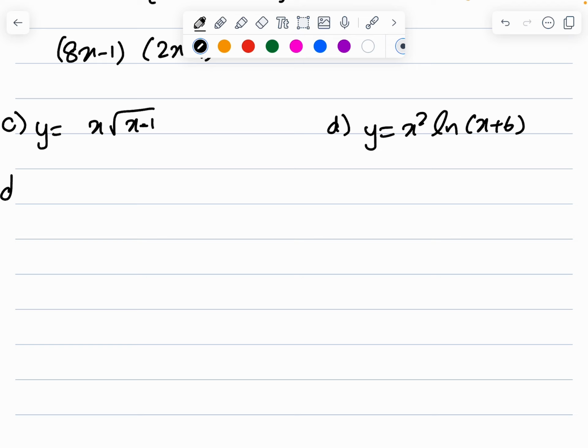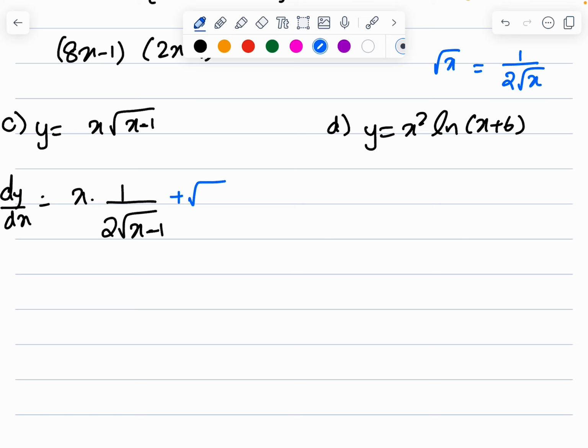So what will happen now? dy/dx equals x times square root of x minus 1: the derivative will be 1 by 2 root of x minus 1. So this one can be remembered as a formula. Square root of x derivative is 1 upon 2 square root of x. Easy way to do that. Plus square root of x minus 1 remains as it is. x derivative is 1.